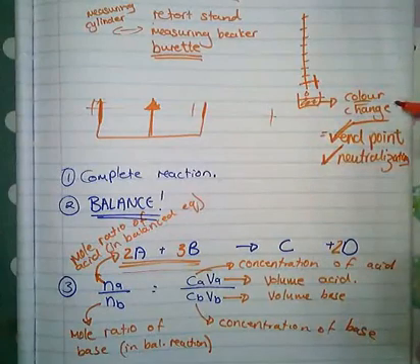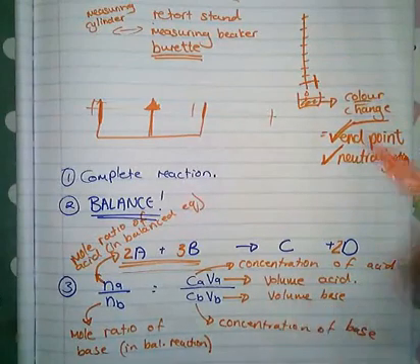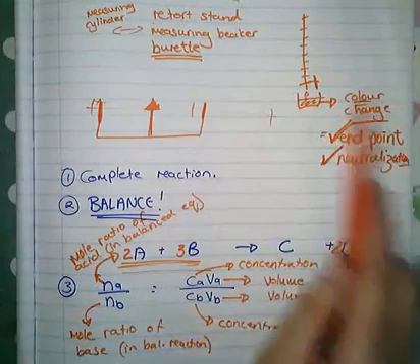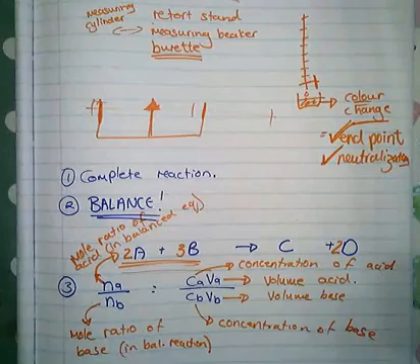Volume is measured in cubic decimeters. Okay. The burette is in cubic centimeters, so you will probably have to convert there. Or you'll just have to convert the final answer.